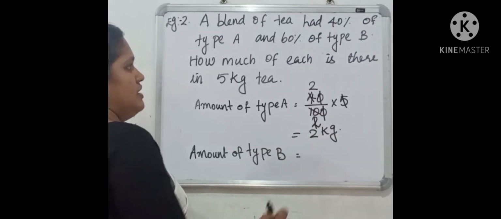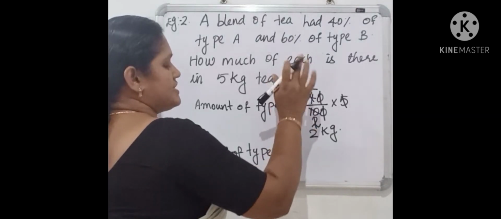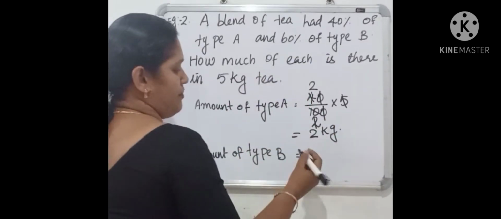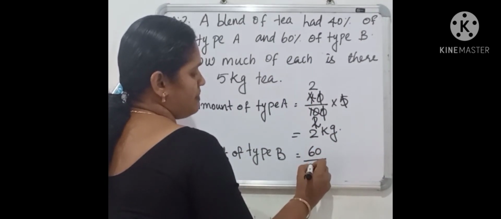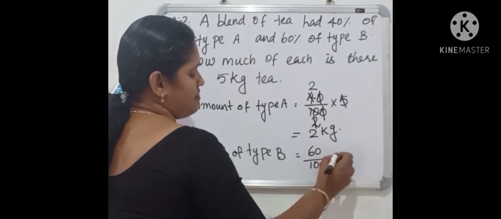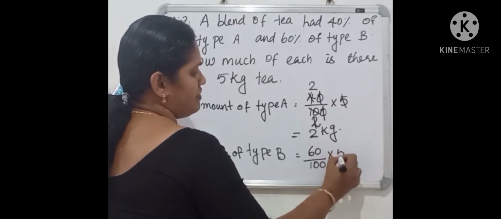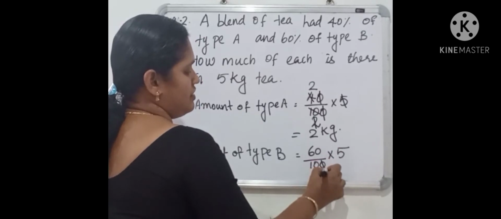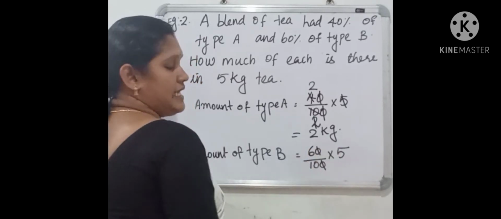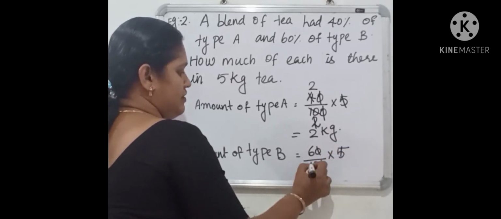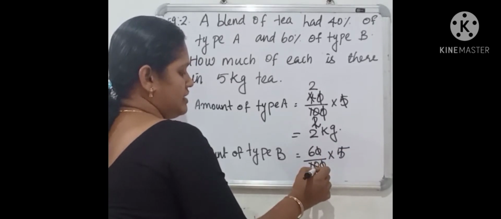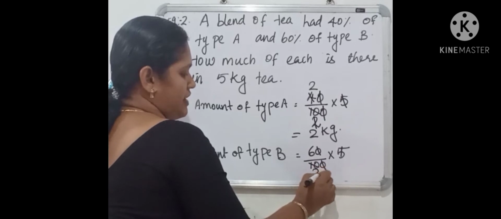Then amount of type B equals 60% of 5 kilogram. We can cut both sides 0. Again cut this 5, this 10 and 2 times 5s are there.